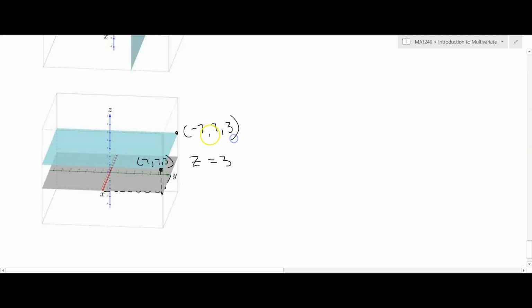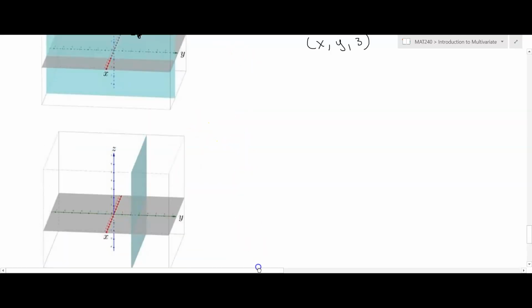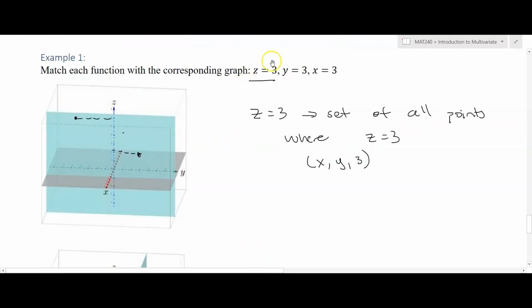So in a similar fashion, if we look at y equals 3, that's going to be the set of all points where the y value is 3, and the x and the z can be whatever they want because that equation doesn't say anything about x and z. So I just have to make sure that my y value is always 3.